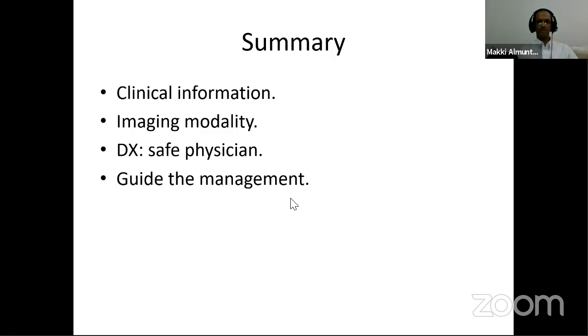And when we need, we move to spectroscopy and perfusion based on what we think. The most important is to be a safe physician, giving an appropriate differential diagnosis, localizing the tumor and extension of the tumor, mentioning what's an emergency, communicating with the neurosurgeon at the appropriate time, and helping them to guide the management from your aspect. With this, I'll conclude.